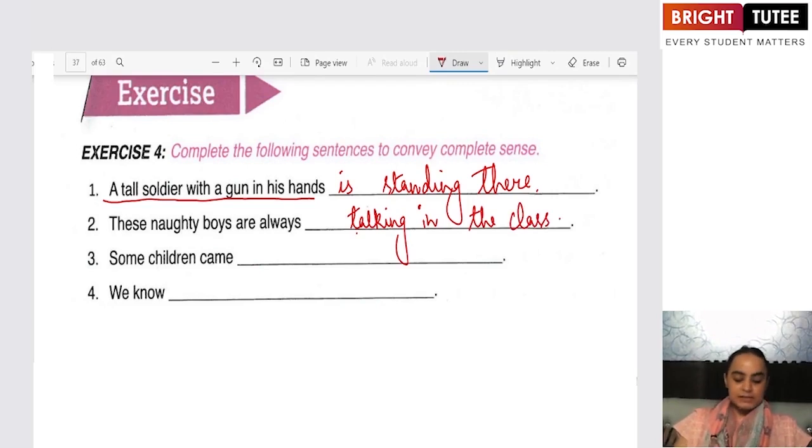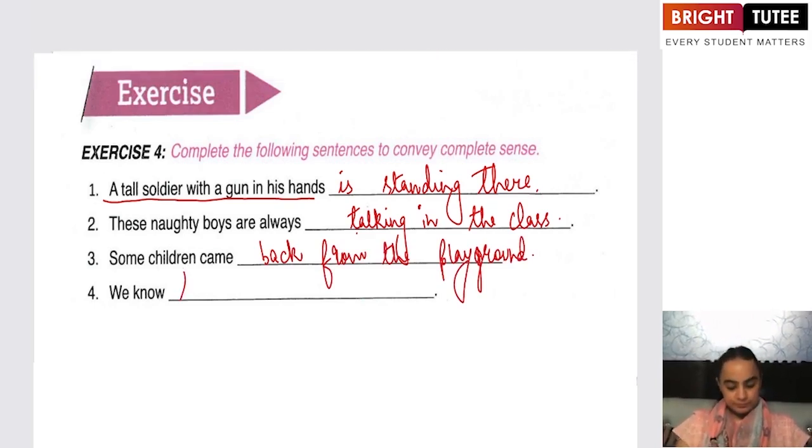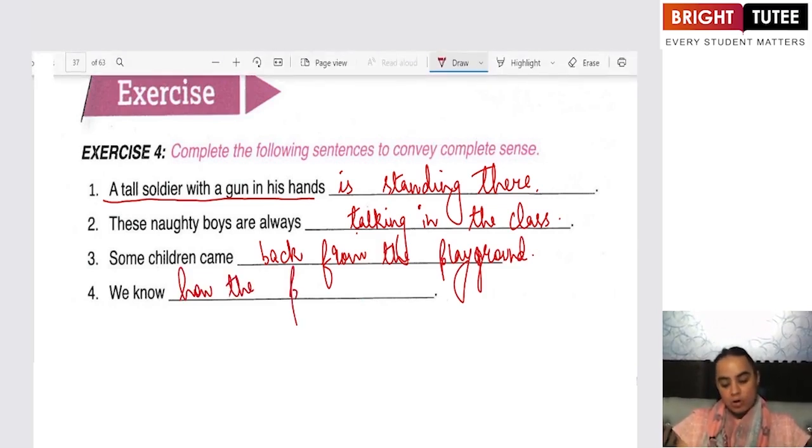Some children came back from the playground. We know how the plants make food.